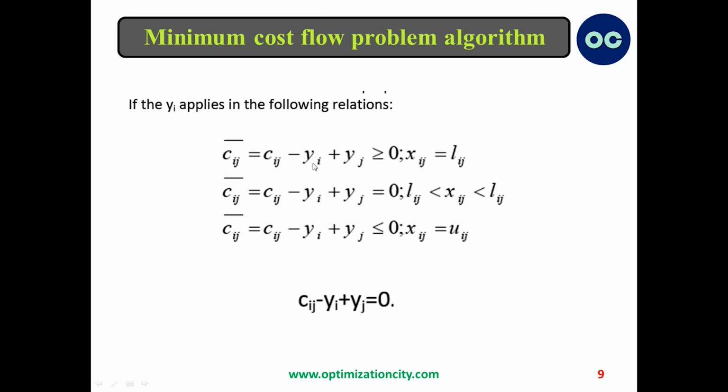To calculate the yi values, we can set one of the yi values to 0 arbitrarily and determine the remaining yi values using the formula here. So Cij minus yi plus yj is equal to 0. Let's compute the yi based on this equation.